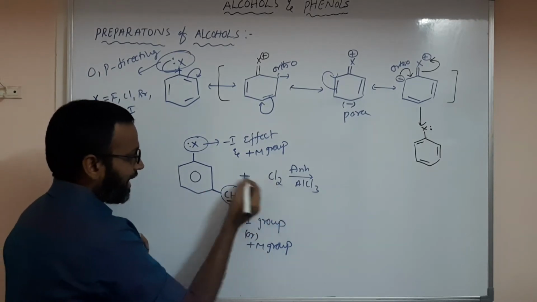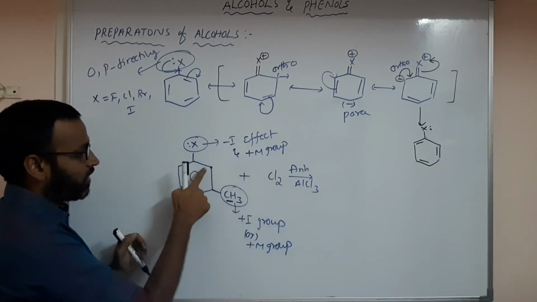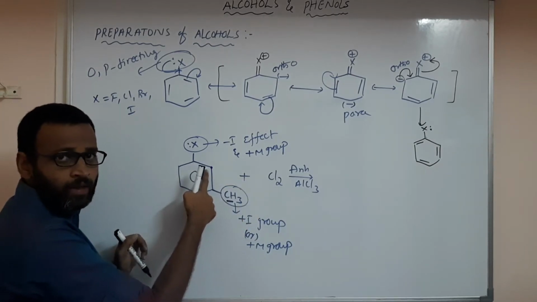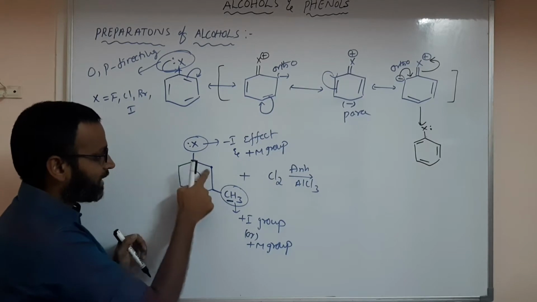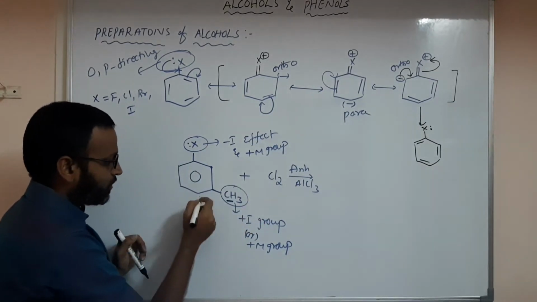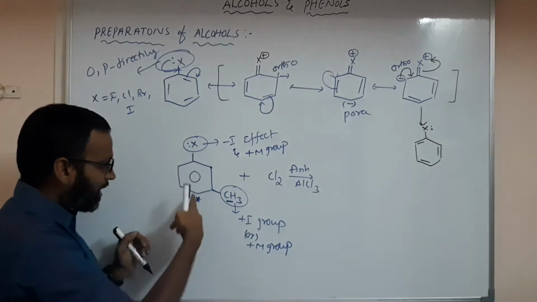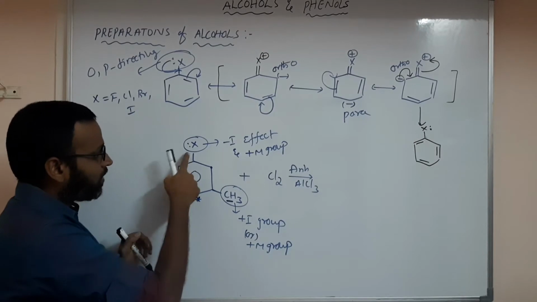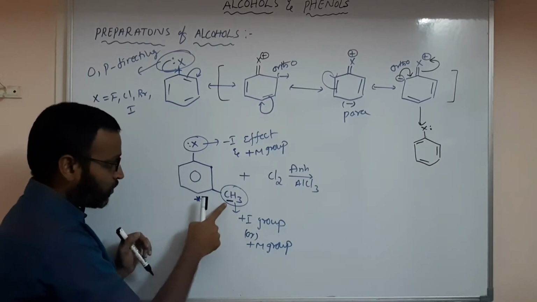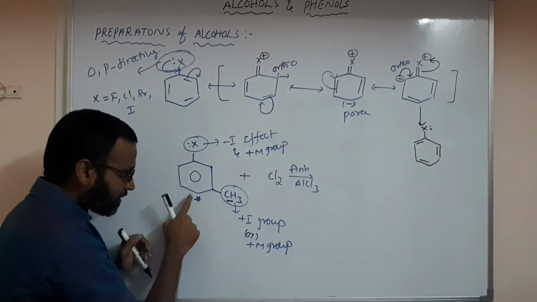Many people expect that due to steric hindrance the chlorine won't come here. See, this is a common ortho position for both X and methyl, but the chlorine will substitute at this place because of less steric hindrance, and because para also has negative charge, and due to methyl ortho also has negative charge, so chlorine will substitute here.